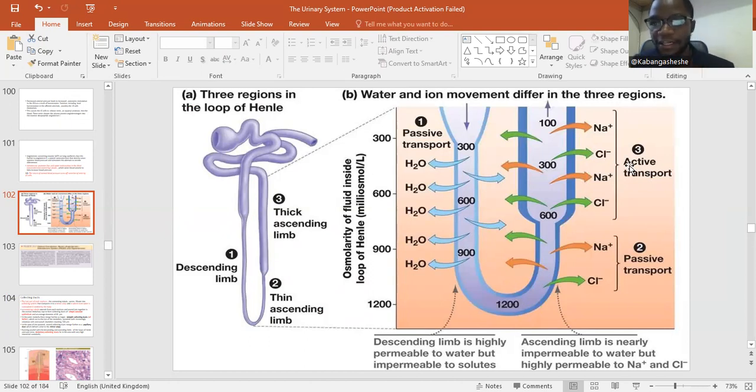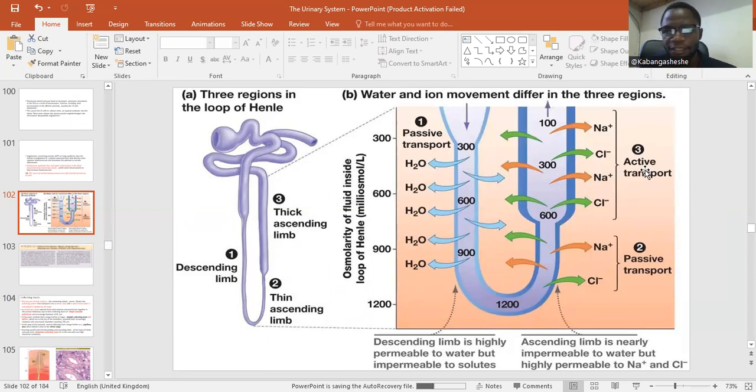These two processes are essential to the final product, which is urine. So we find that urine is waste. Most of the substances that are there, we don't need them. Hydrogen ions, excess sodium, excess water, inactivated hormones, inactivated drugs, all those are moving from the blood vessels into the tissue, into the renal tubule. Glucose and all the useful elements are moving out of this into the tissue, into the blood vessels.